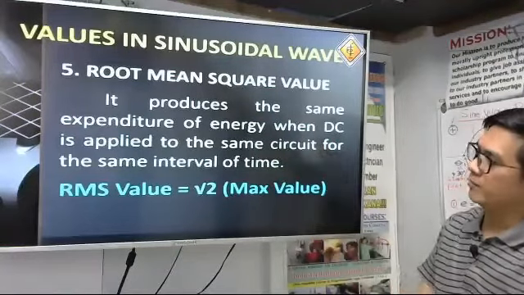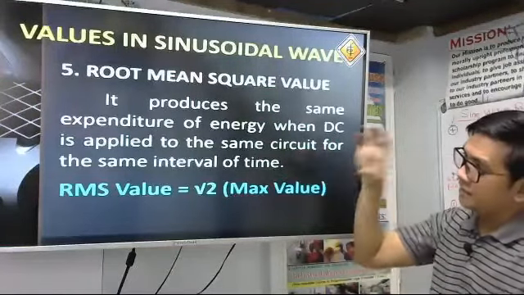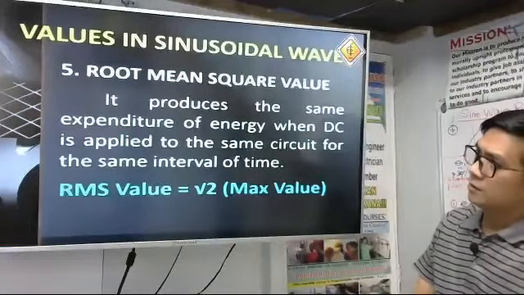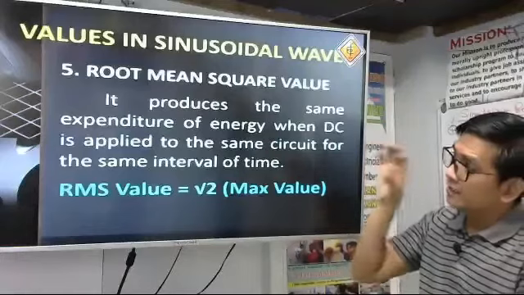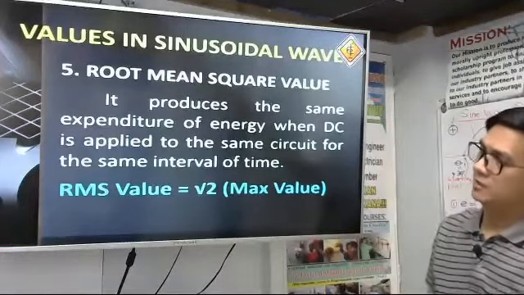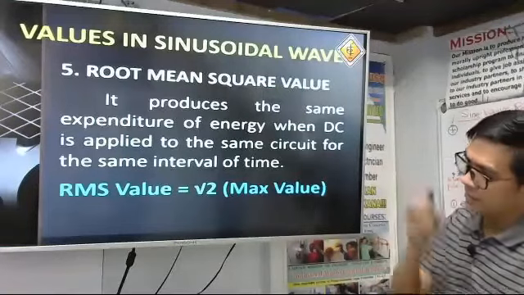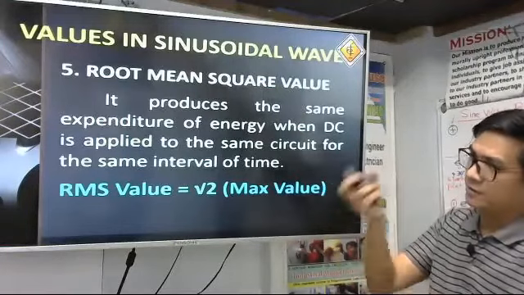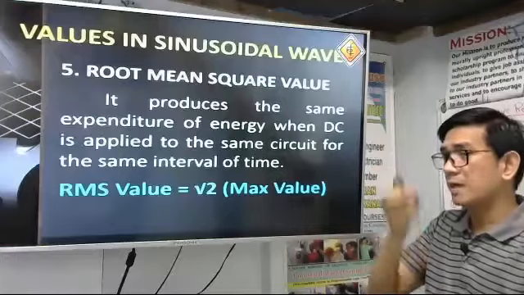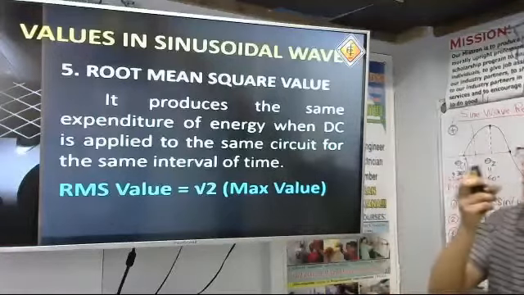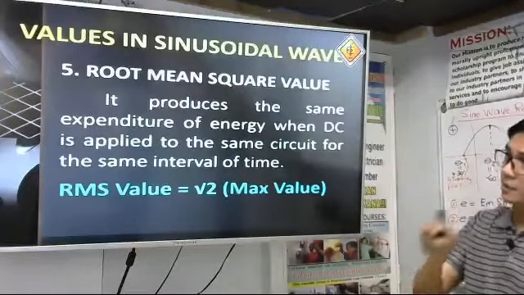So, when you apply AC or DC with the same circuit and they have the same energy, you have already reached the root mean square value for AC.